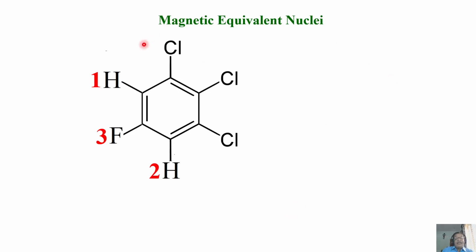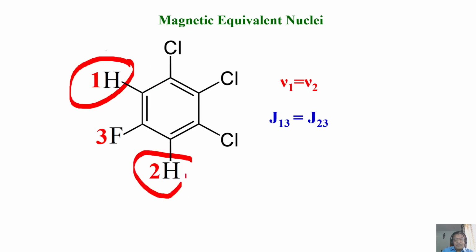Now look at the examples of magnetically equivalent spins. Look at this molecule. Does it have a symmetry axis? If you look at it, there is a symmetry axis along this axis. So the chemical shift of 1 is equal to the chemical shift of 2.